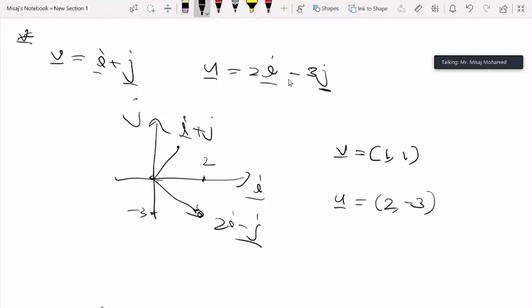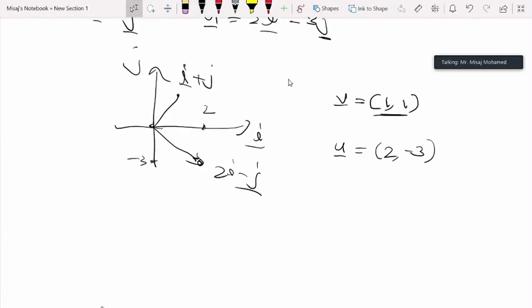Here there are 2 coordinates, so this is a 2D space vector, a 2-dimensional space vector.